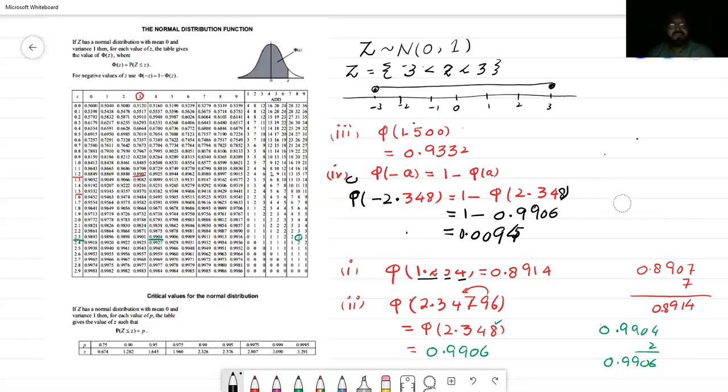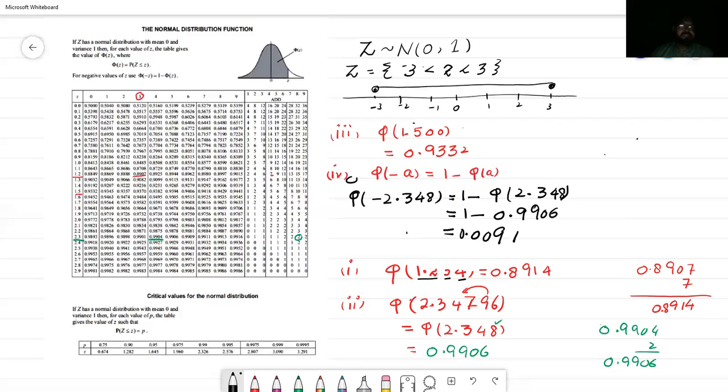Is it clear? So with these four or five examples, you see how to find the value of the normal distribution function with the help of this table. Any doubt, any problem up to here?